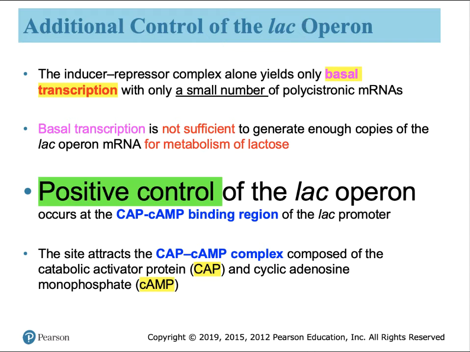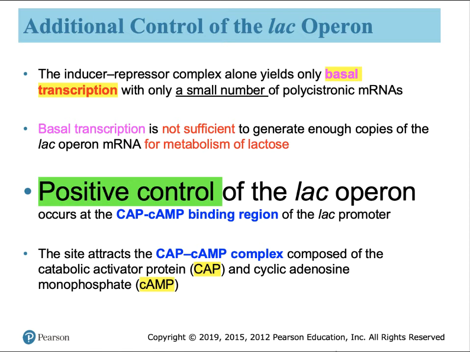So the dimmer switch can be at 0% when there's no light, or it could be 100% where the lamp is illuminated at 100%. Or, depending on the mood, you can have the light down to any other value you like simply by sliding the dimmer switch to the appropriate location. This analogy works with the level of transcription. So when something is blocking the DNA, i.e.